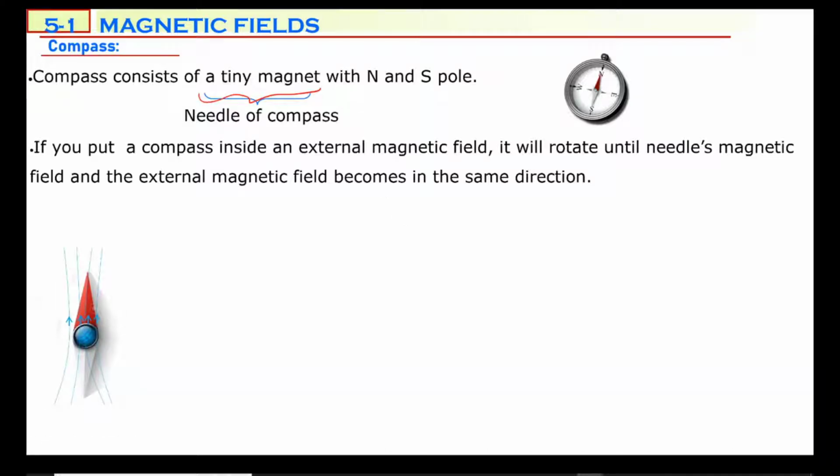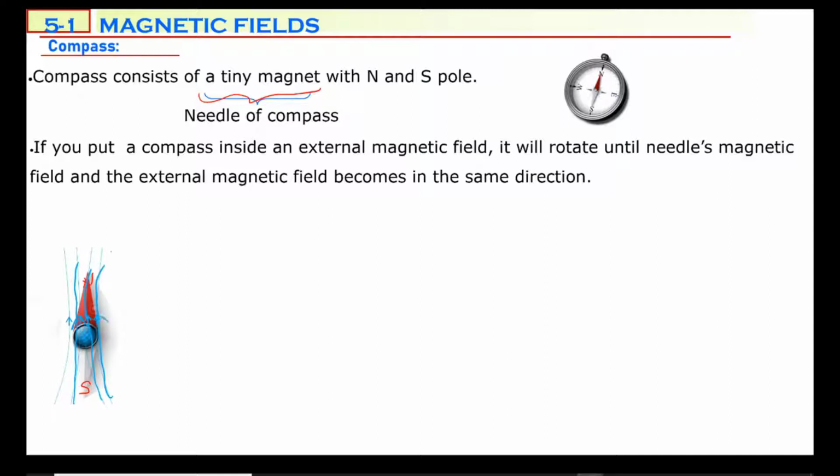Of course, like every magnet, the compass needle will also have its own magnetic field. If this is the S pole, which is the white, and this is the north pole N, we know that every magnet has a magnetic field within it from the S pole to the N pole inside the magnet. So these blue lines represent the magnetic field lines within this compass in that direction.